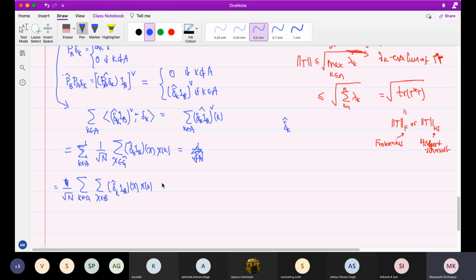What is delta K hat of chi? Now I don't need to write indicator B also. It is just delta K hat of chi. Delta K hat of chi is just chi of K bar, right? You just use the formula 1 by root n sum over J of delta K of J, chi of J bar.